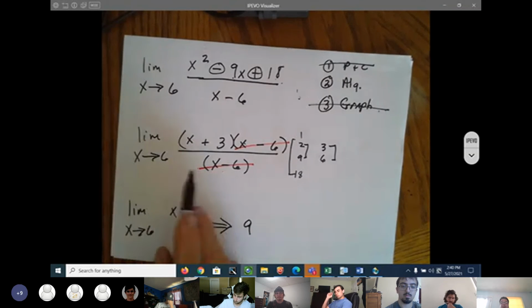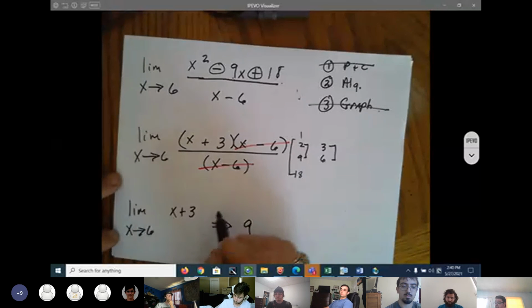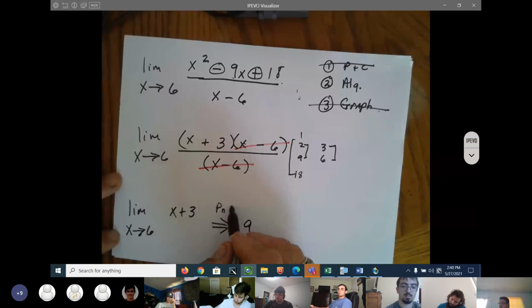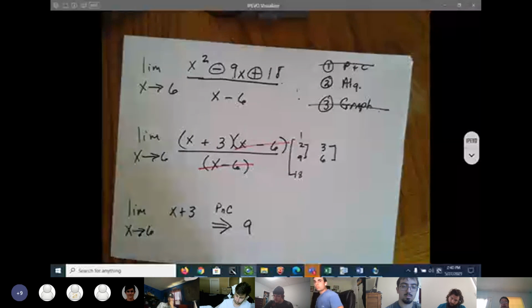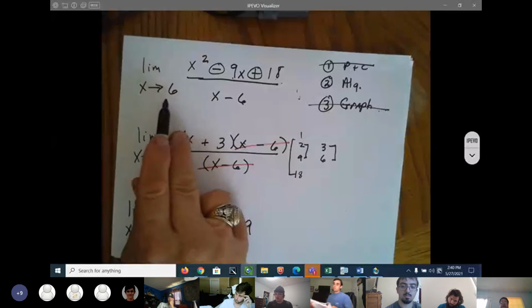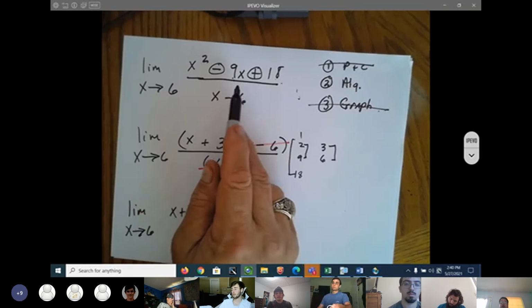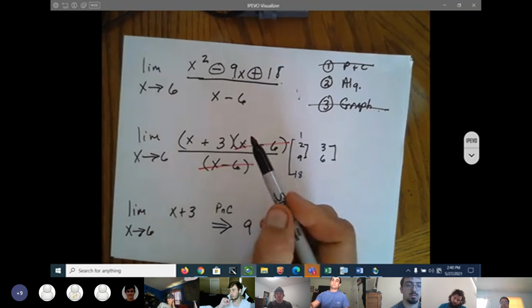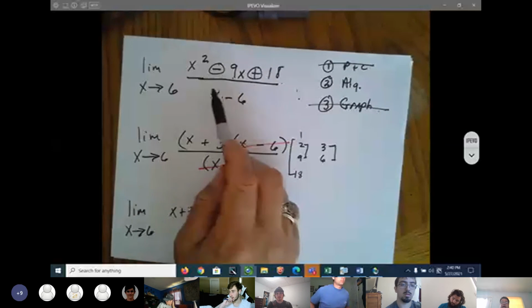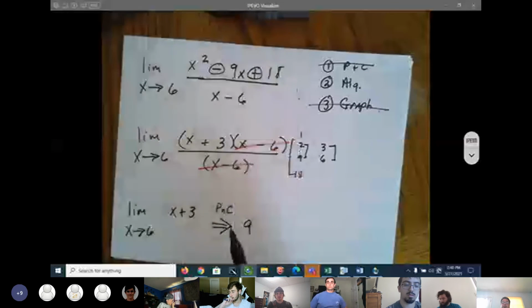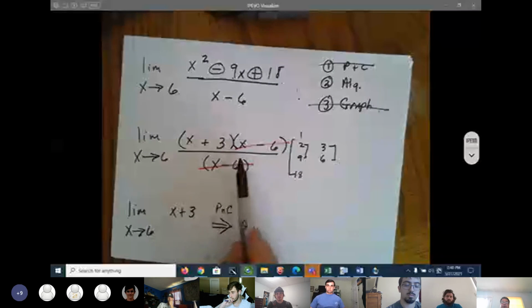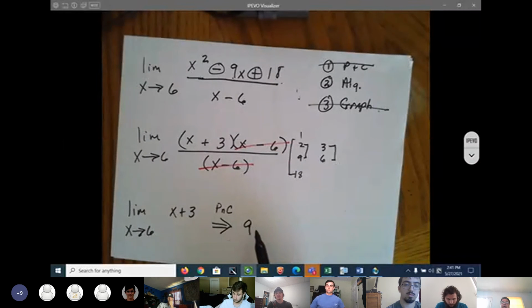Because now that we got the algebra taken care of, we can plug and chug. Okay, so the limit as x approaches 6 of this whole function does not exist. Okay, so it's undefined or does not exist. But once we use a little bit of algebra, we can get a limit equal to 9.